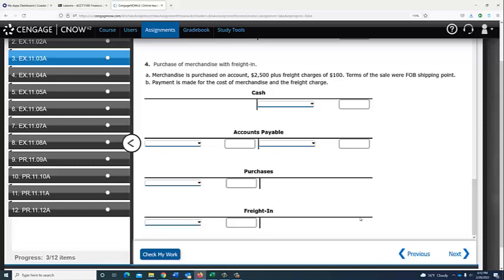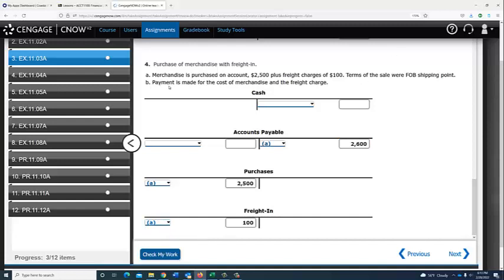It was free on board until it got to its shipping point, and I have to get it from the shipping point to me. So it's purchased on account. I'm going to debit purchases for $2,500, debit freight for $100, and then credit accounts payable for $2,600. Let me change this to A.